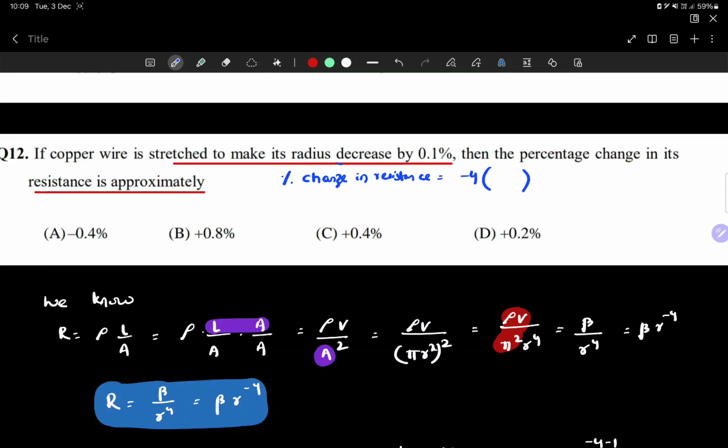It is given that the percentage decreases by 0.1%. So in order to mention this decrease, we have to use minus 0.1%. So the final answer is plus 0.4%. Option C is our right answer in this case.